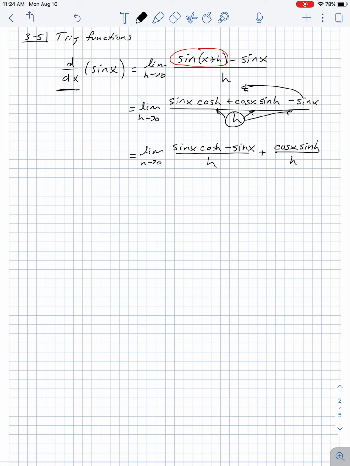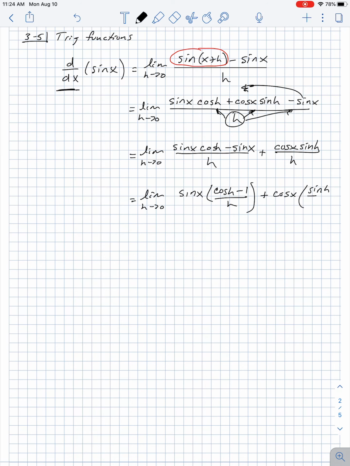And then what we're going to do with this first fraction is factor out a sine x. So if the sine x is factored out, that leaves me a cosine h minus 1 over h. Okay, and in the second fraction, I'm going to factor out a cosine x.